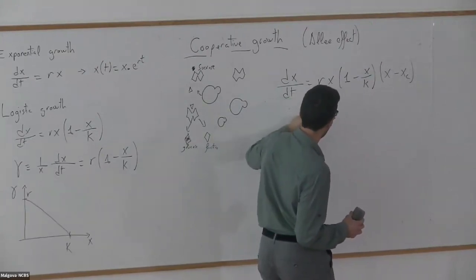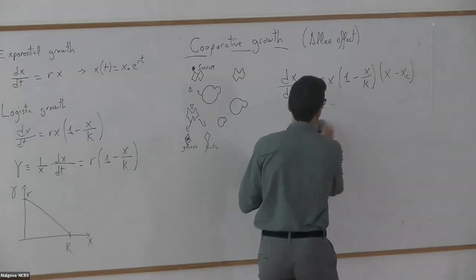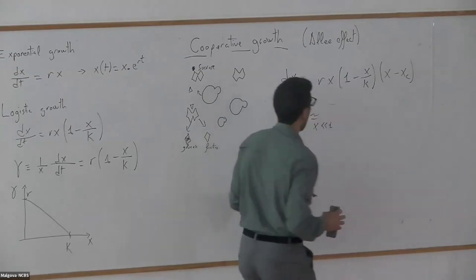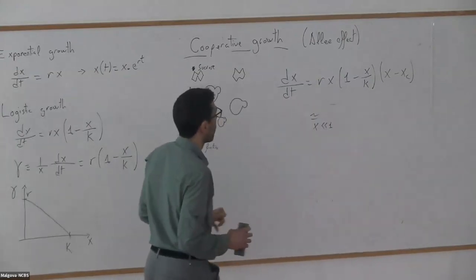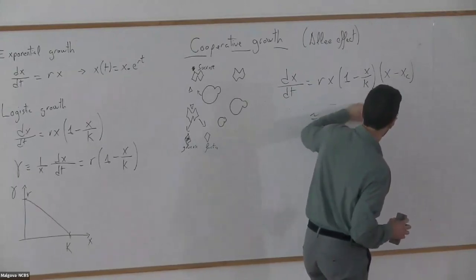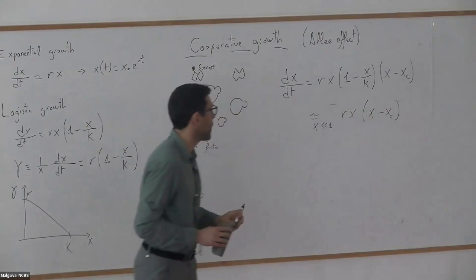So if we have this, we see that when the population is small, what we have is this from here.